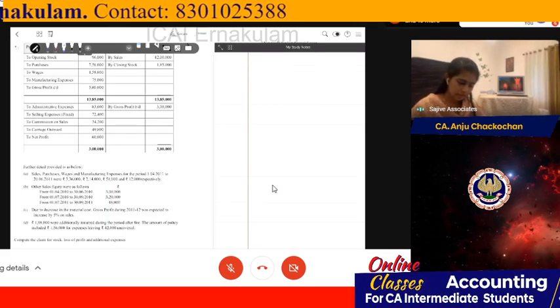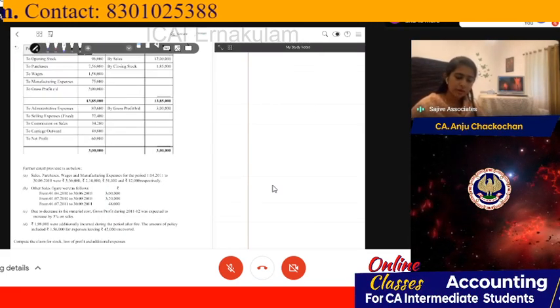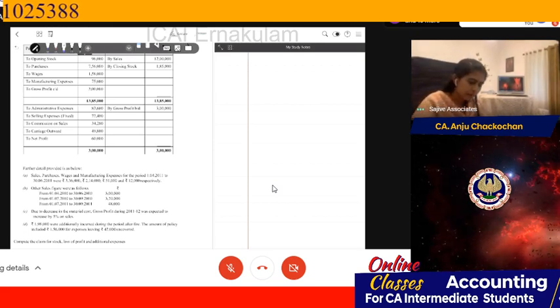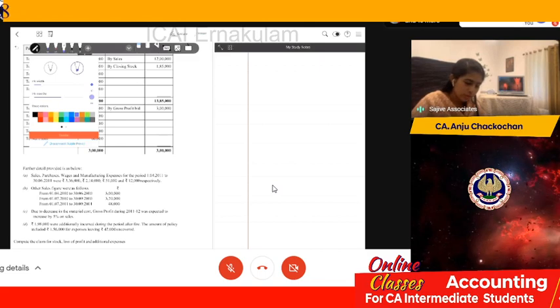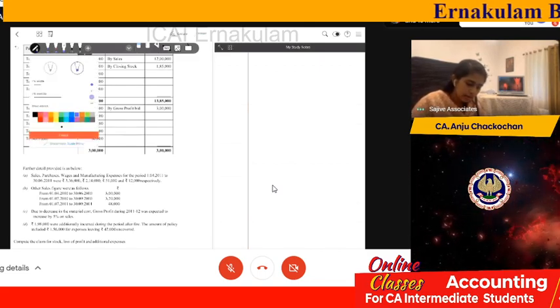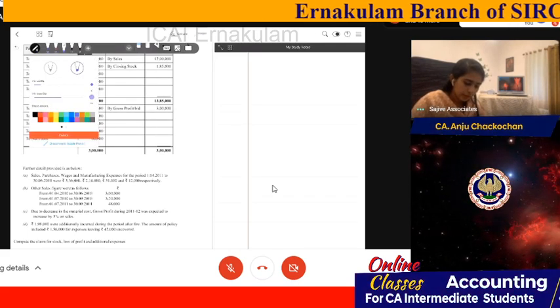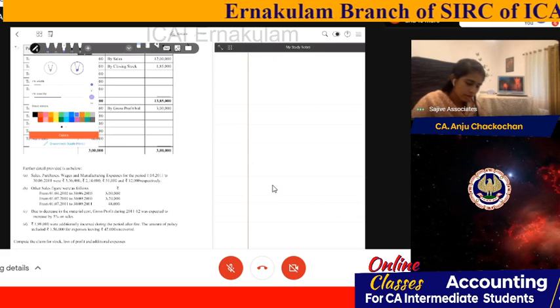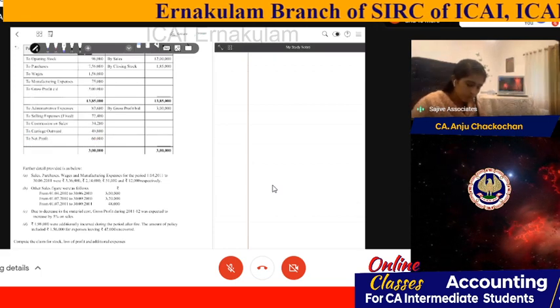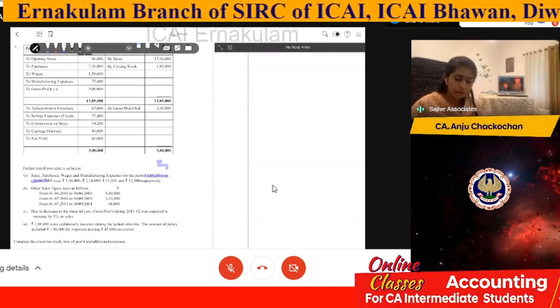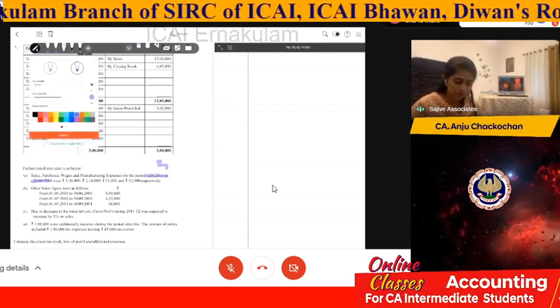Now the other details. Sales, purchase, wages, and manufacturing expenses for the period 1 April 2011 to 30 June 2011 where 3,36,000, 2,14,000, 51,000 and 12,000.